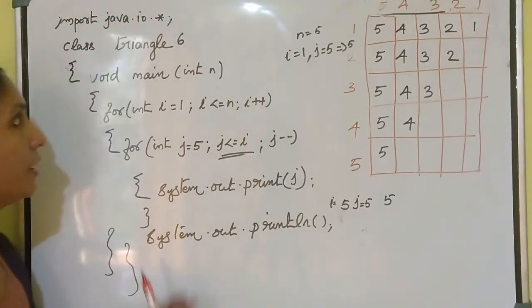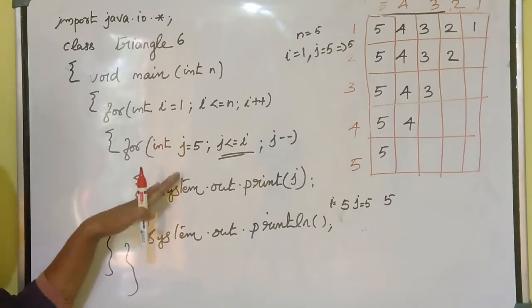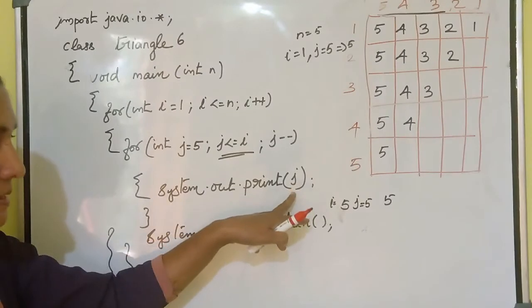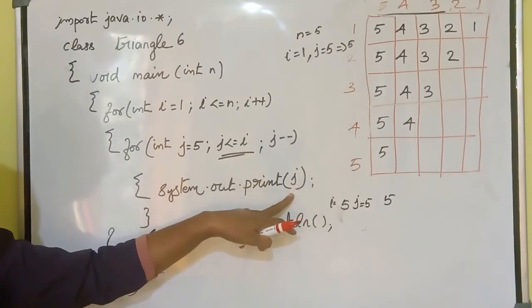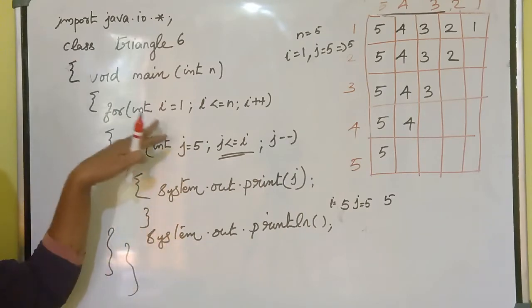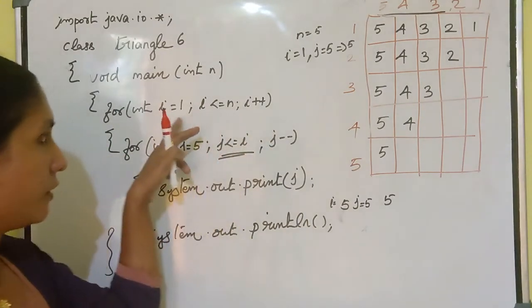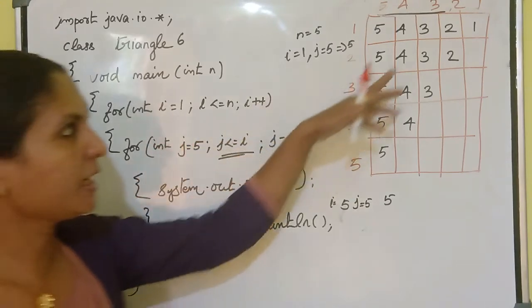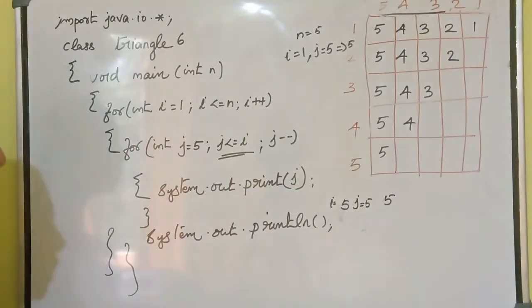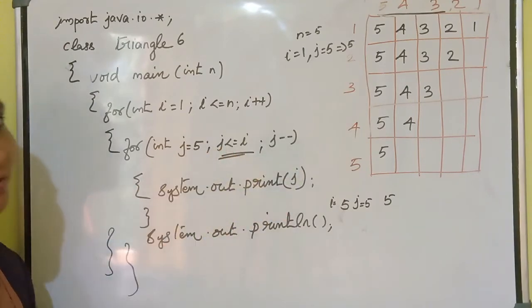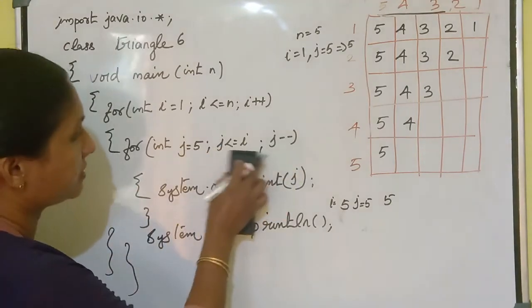Understood? All of you understood? Okay. Then if the column numbers are printed here, you have to print j. If the row numbers are printed here, you have to print i. But if it is increasing, you have to start with 1 here. But here it is decreasing in each row, so you have to start from the last value and decrease up to 1, because this is a triangle.